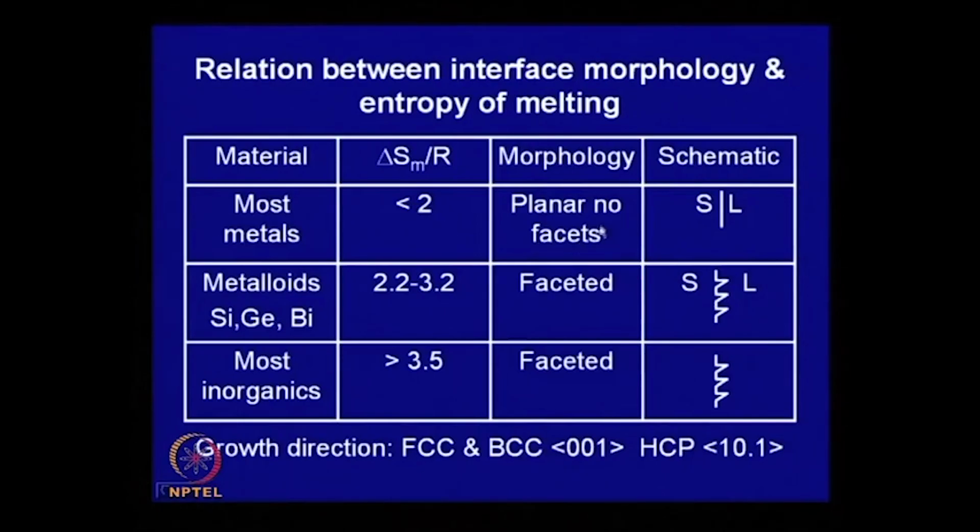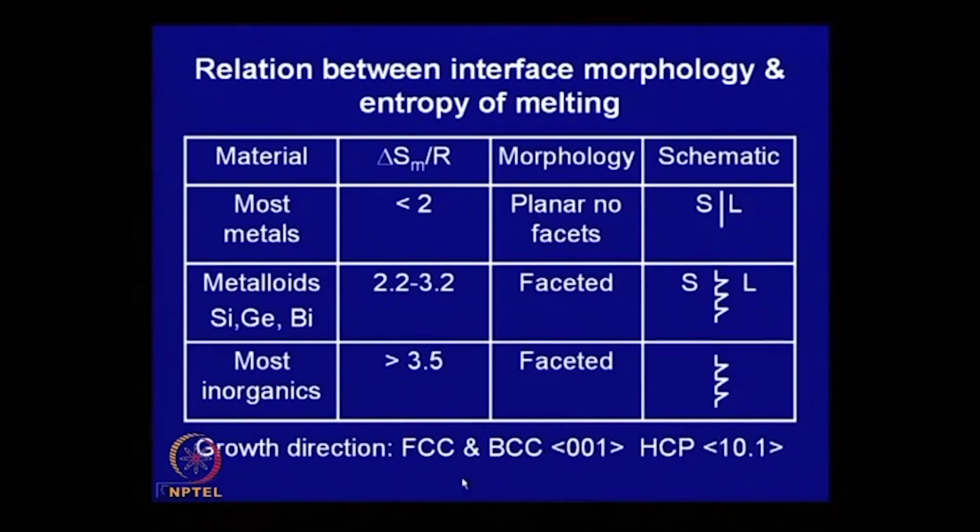In this case you get a planar interface between solid and liquid, which is represented schematically. Some metalloids like silicon, germanium, bismuth and certain other materials are in this range, and you get a faceted structure. For most inorganics this is much higher, and there you invariably get this kind of faceted structure.